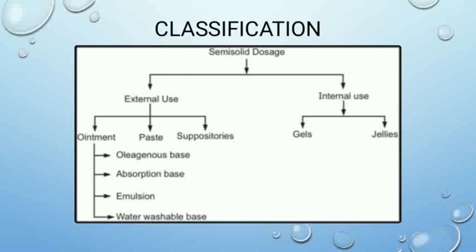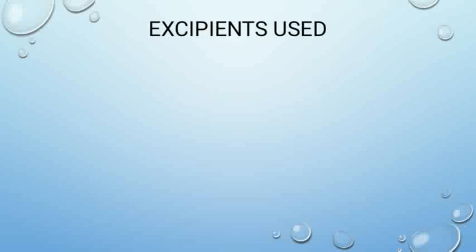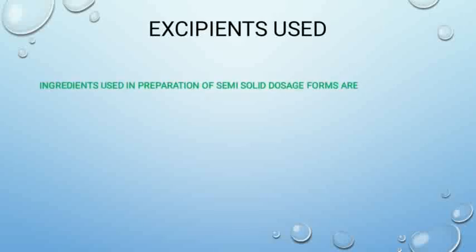Ointments again are classified based on the base, that is the oleaginous base, absorption base, emulsion base, water washable base, etc. Now, moving next, that is the excipients used in formulation of semi-solid dosage form.